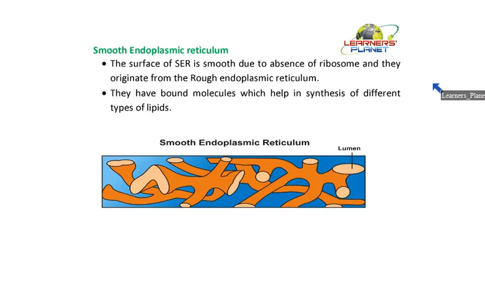What are these ribosomes? The ribosomes are the structures which are actually involved in the synthesis of proteins. These structures are made up of two subunits, and these two subunits are detachable according to the phase in which they are present.